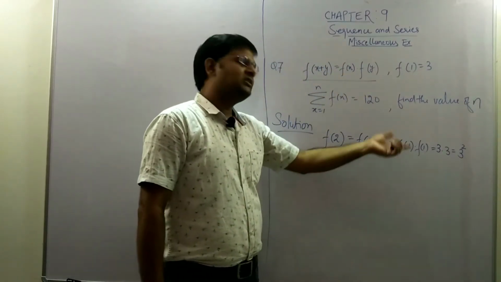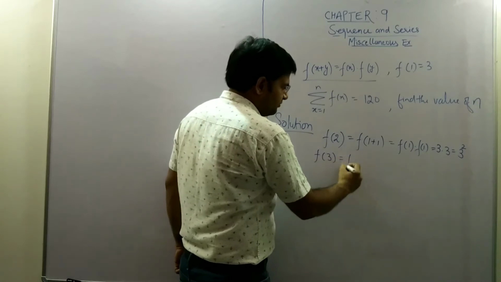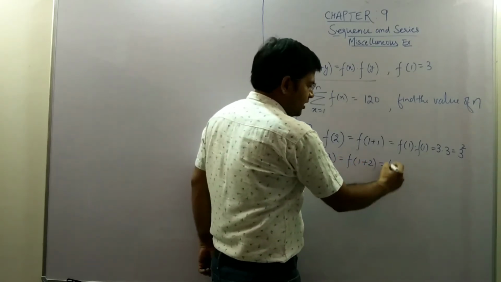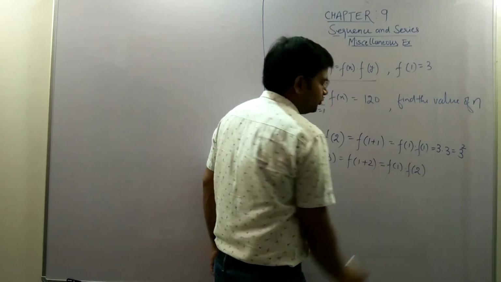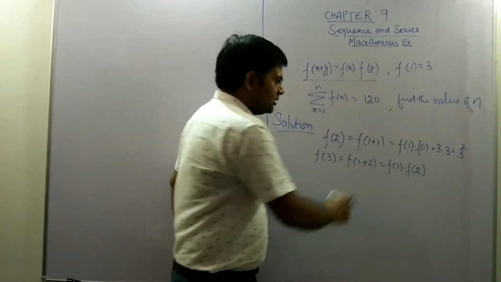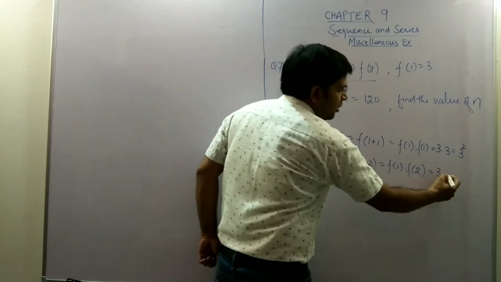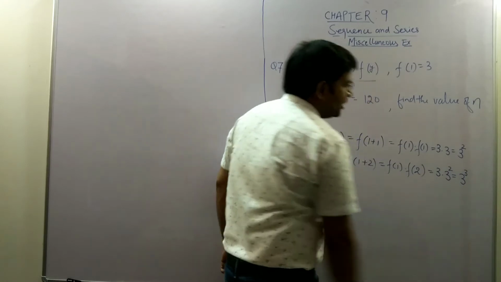So f(2) means 3 square. Now after this f(3) can be written as f(1 plus 2). You can write this as f(1) into f(2), using this formula again. So f(1) is 3 given to you and f(2) you have just found, this is 3 square. So now this is going to be 3 cube.